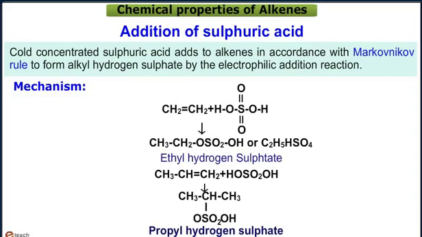The mechanism of the reaction is CH2=CH2 plus H2SO4 gives CH3-CH2-OSO2OH or C2H5HSO4. CH3-CH=CH2 plus H2SO4 gives CH3-CH(OSO2OH)-CH3, which is known as propyl hydrogen sulfate.